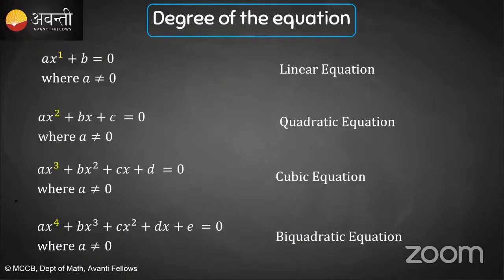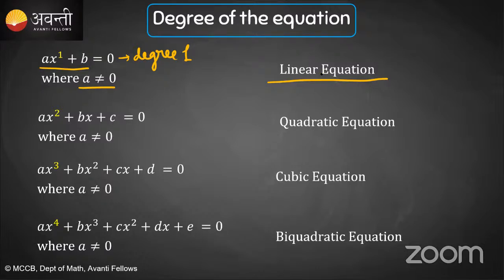So now student, see, in general, if your degree is 1, then you can represent that as ax plus b, where a is not 0, then you will say that this has degree 1. Whenever degree 1 is concerned, this equation is known as a linear equation.